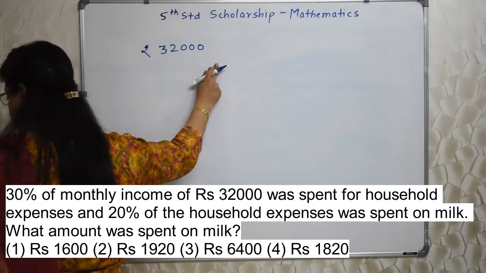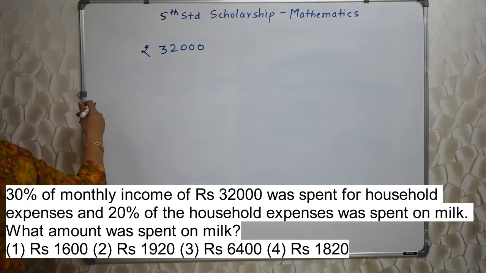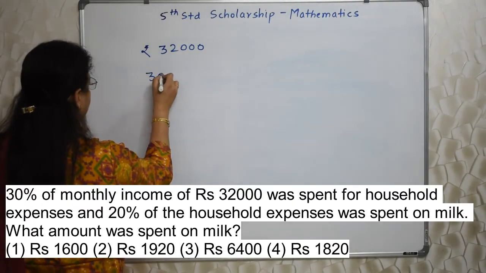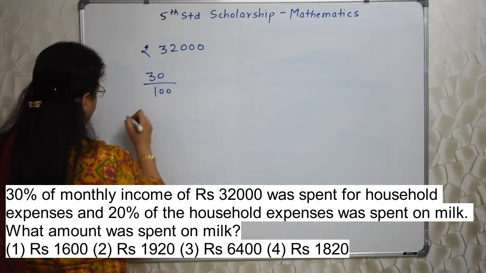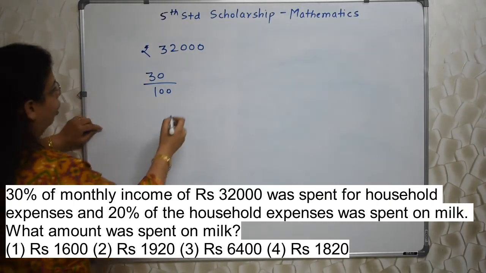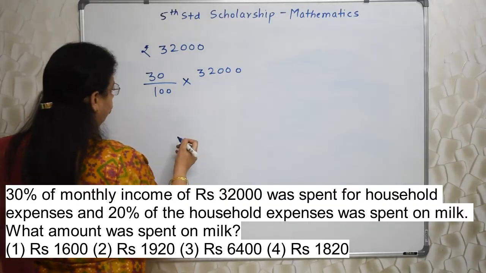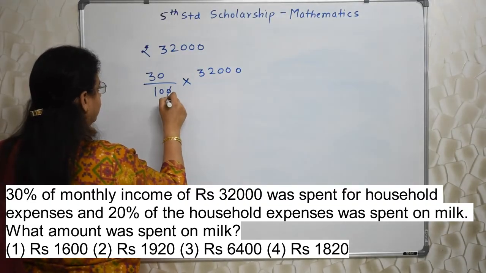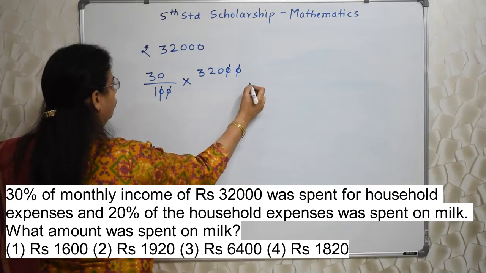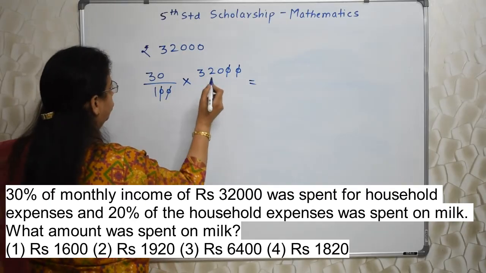Total monthly income is 32,000. Out of that 30%, how to write? 30 upon 100. 30% of total income they are spending on household. So let's calculate. We need to multiply 30 into 320.